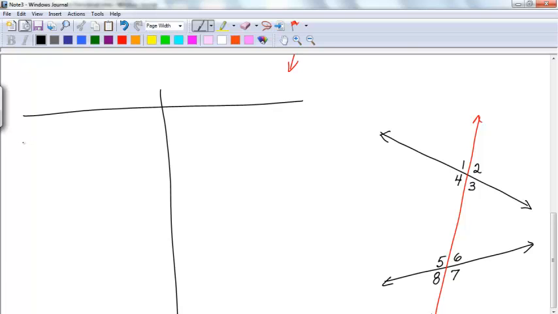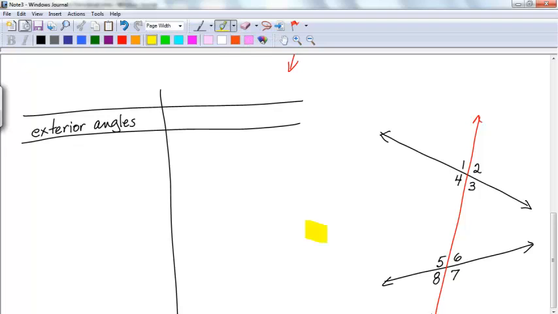Now there are special names for all those types of angles. The first one we're going to look at are what they call exterior angles. The exterior angles are angle 1, angle 2, angle 7, and angle 8.